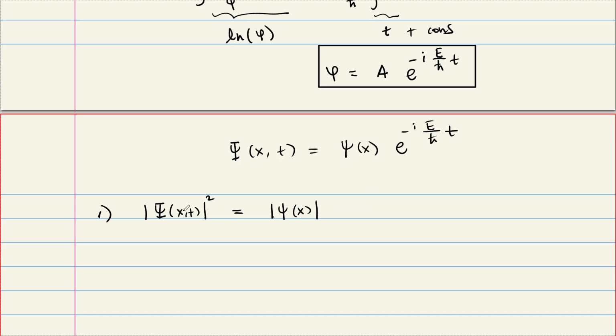This is psi star psi, and for calculating psi star, I need to have this factor and its complex conjugate, and the complex conjugate of this is going to be e to the plus i times e to the minus i. They just cancel, and you at the end have, okay, there is also a square here, psi of x squared. So the nice thing about this is that it is time independent.